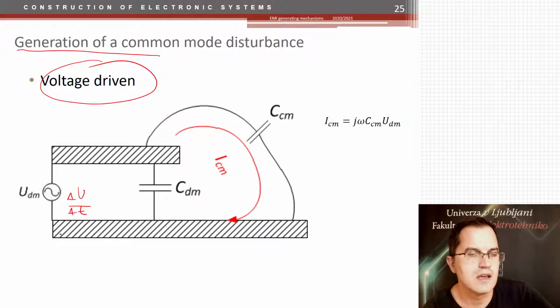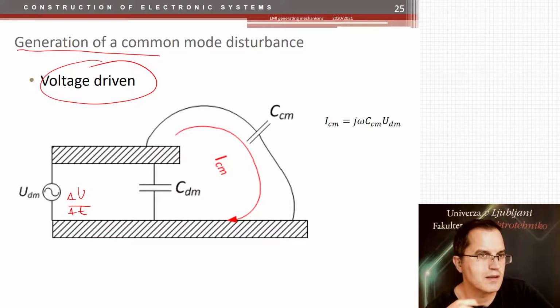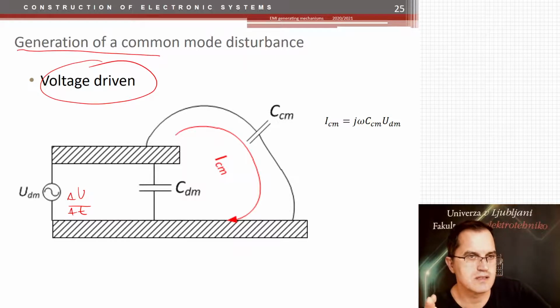Anything in the circuit where the voltage changes really quickly. It could be a transmission line between two circuits. It could be any voltage node that has a high speed signal on it.